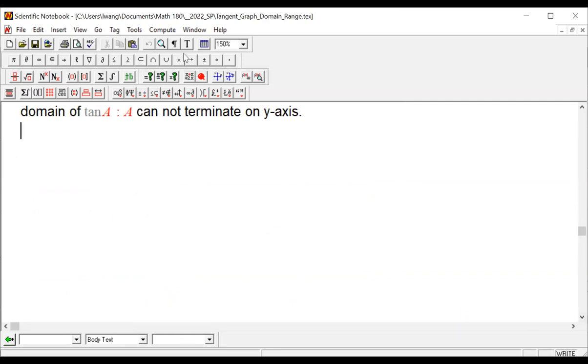So we figured that the domain of tangent cannot be, okay, so what is the symbol for cannot be? Cannot be positive or negative pi over 2.